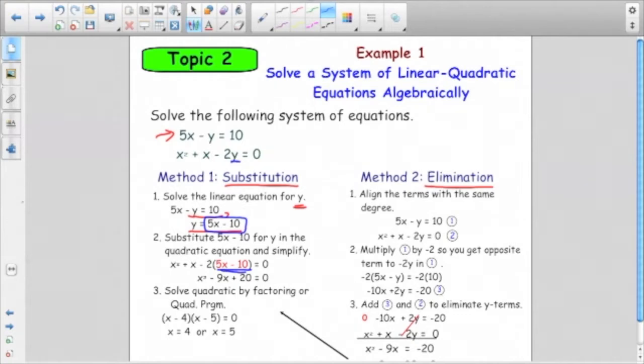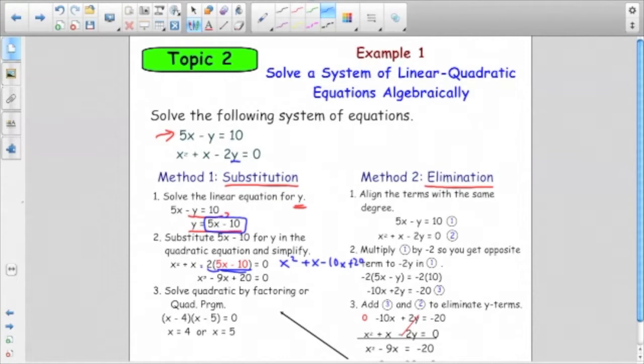So now it's just doing some math. We have x squared plus x, and this times this is minus 10x, and that times that is minus 20. Oh, pardon me, positive 20, because a negative times a negative.